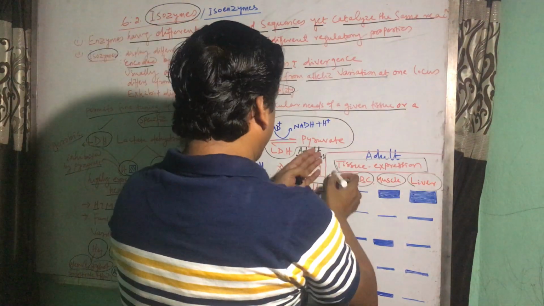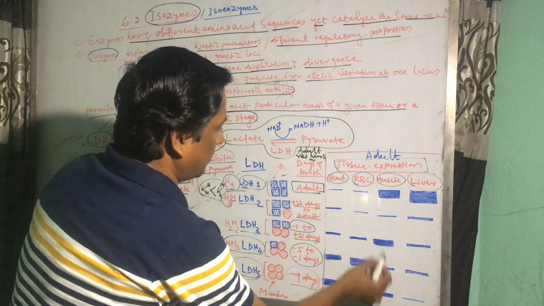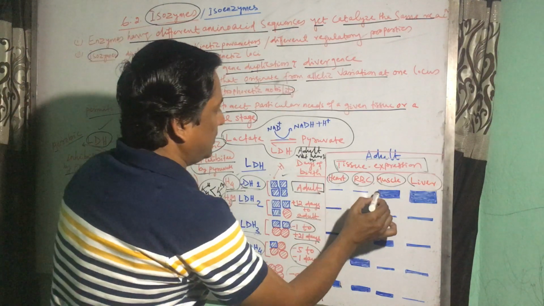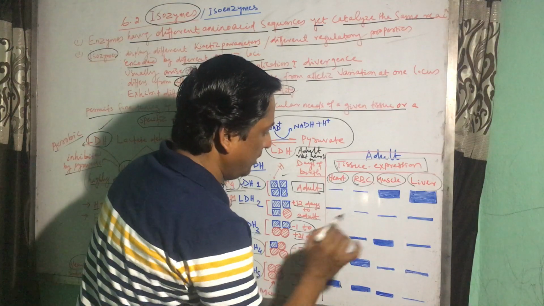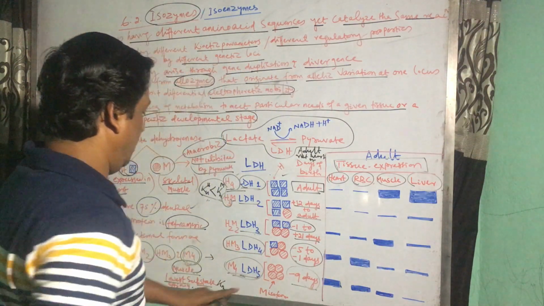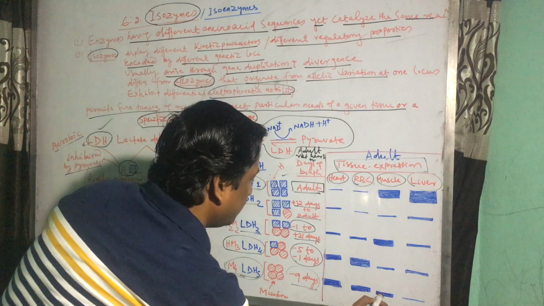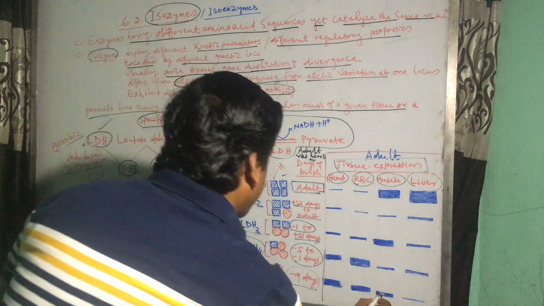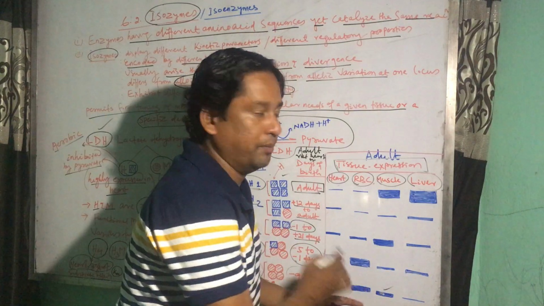Similarly, we can compare different tissues, and in muscle the condition is reversed. Here the M type is expressed highest because the H type is the least efficient in muscle cells, and the LDH5 isoform is expressed less in muscle cells because it has the highest activity in muscle.